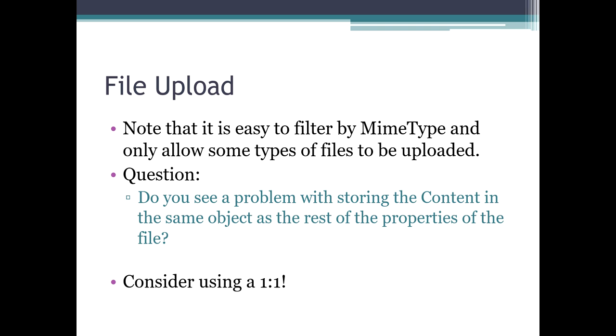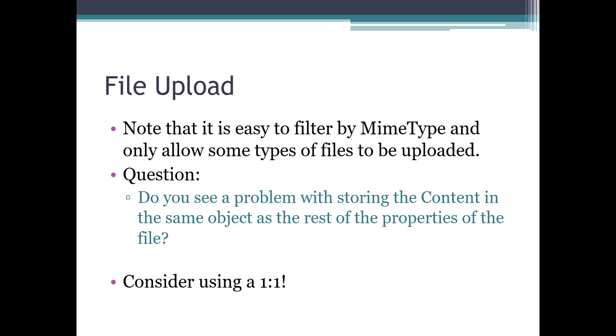So we probably don't want to actually store it right in with the object itself, with the main class that it relates to. We would probably want to consider using a one-to-one relationship so that we could do a .Include and include this file that we uploaded if we want to include it with the patient, as in my example.